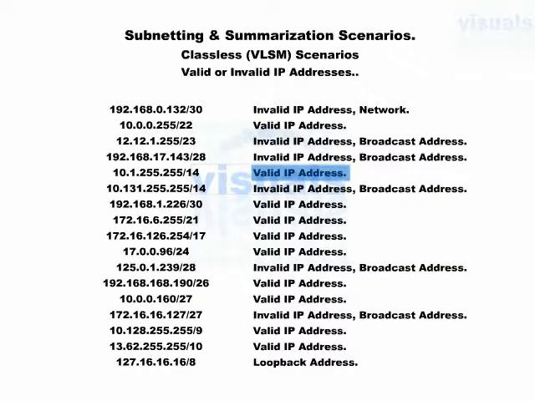Let's see how many bits we are applying: from 9 to 14. Now 9 gives 128, 10 gives 192, 11 gives 224, 12 gives 240, 13 gives 248, 14 gives 252. With the 252 subnet mask, the block size is 4.